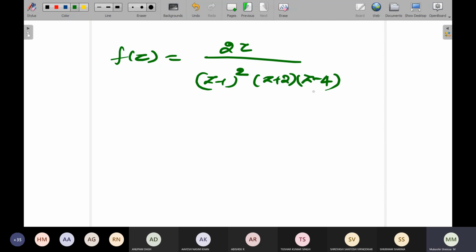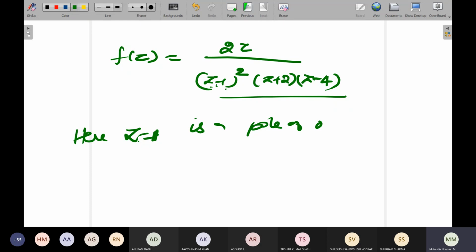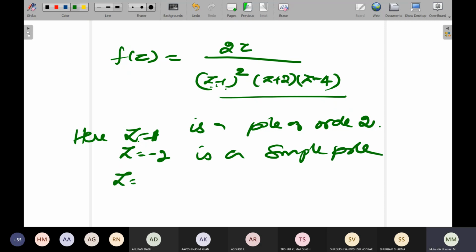To find poles, equate the denominator to 0. Here z equals 1; see, (z minus 1) whole square, so z equals 1 is a pole of order 2. Then z equals minus 2 is a simple pole, and z equals 4 is a simple pole.